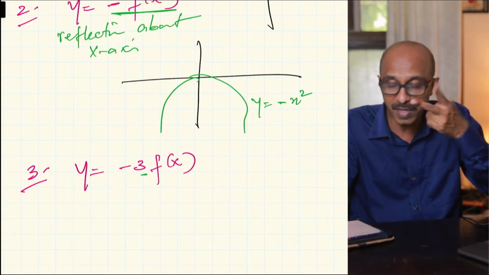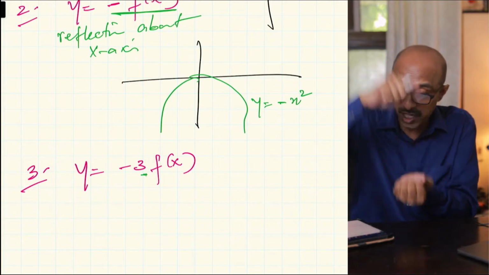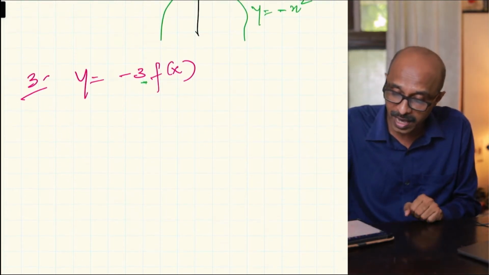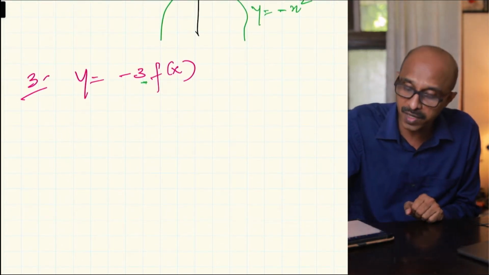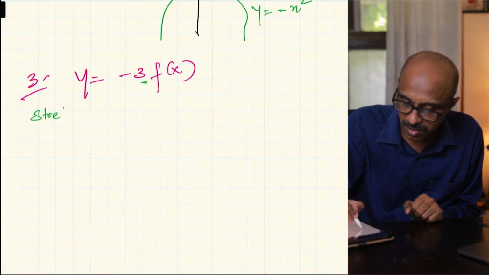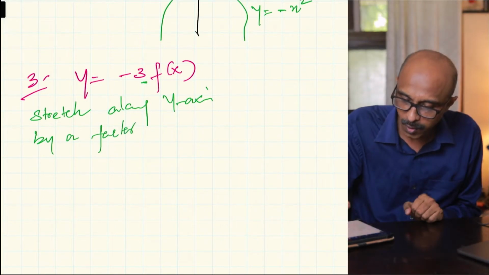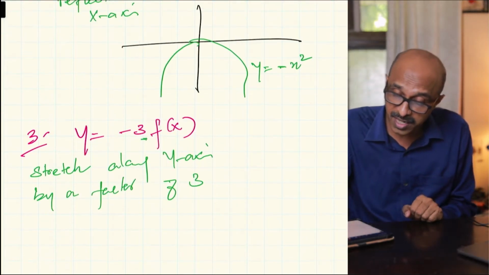The negative has already been reflected about the x-axis. The 3 indicates a stretch vertically along the y-axis by a factor of 3. So let's write that down also. It's a stretch along the y-axis by a factor of 3. So it's that reflected graph.